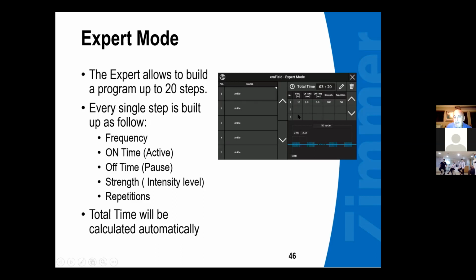There's 1, there's 2, up to 20, and it varies. Any way you want to vary it arbitrarily, you pick the numbers to get the results you want. Set the time, and the total time will be calculated automatically. When it reaches its finish time, it shuts off. So there's 3 different ways of setting this up to work with it.